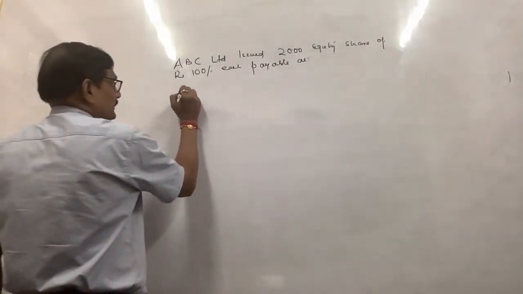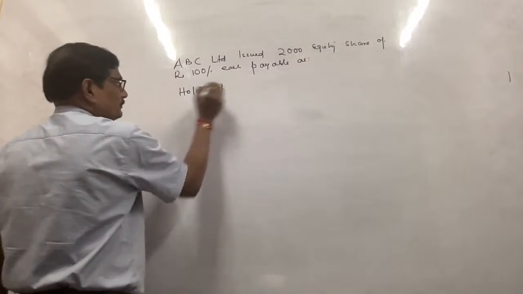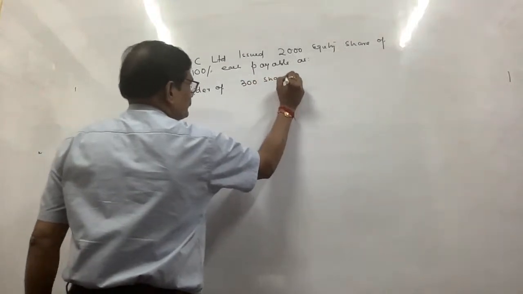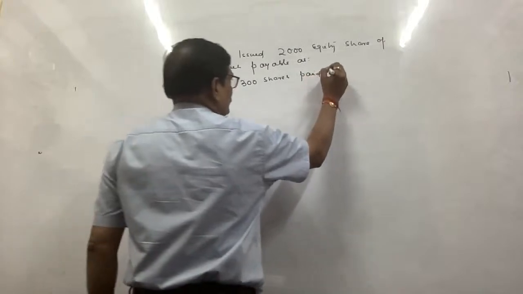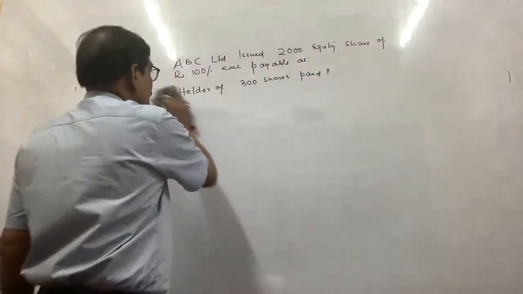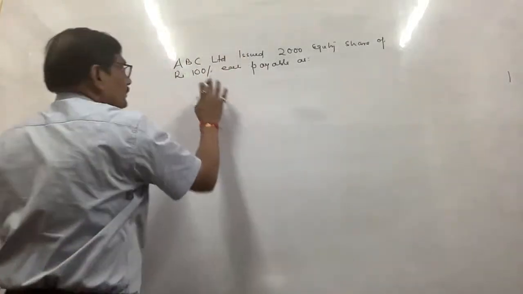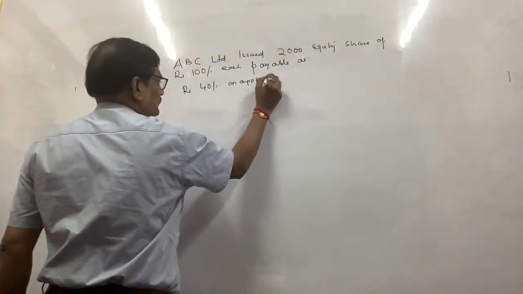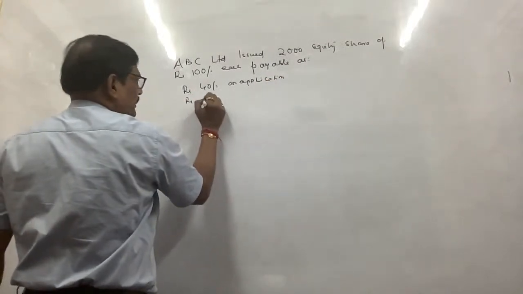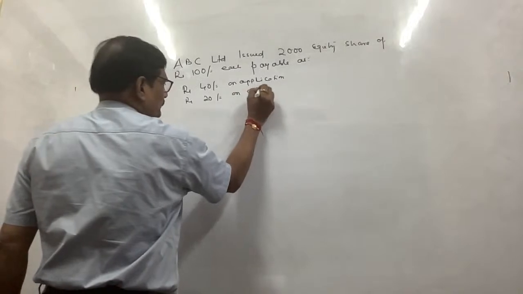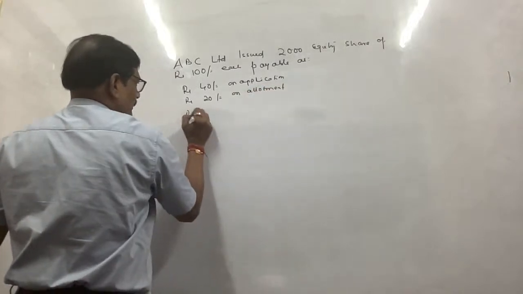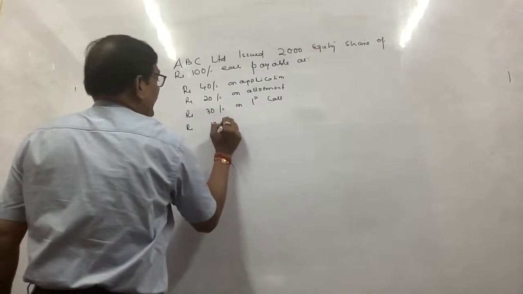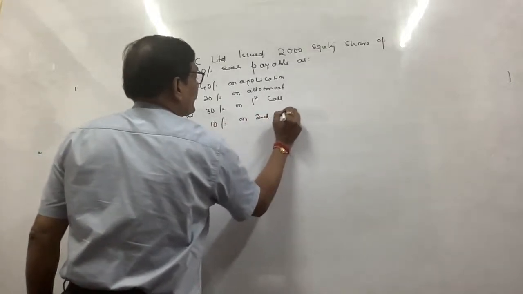The question says that holder of 300 shares paid, 100 shares payable as rupees 40 on application, rupees 20 on allotment, rupees 30 on first call, and rupees 10 on second and final call.